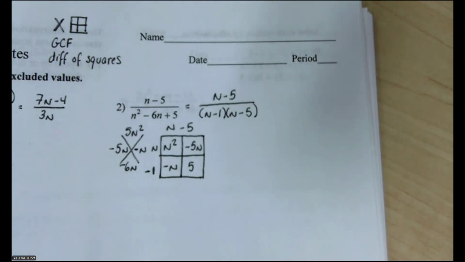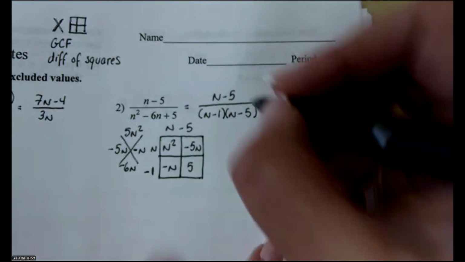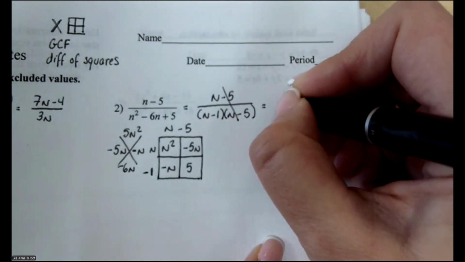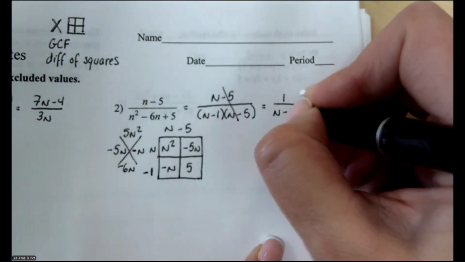Okay, does that make sense so far? Okay, cancel out the N minus 5s, but remember when you cancel out the whole top, that becomes a 1.